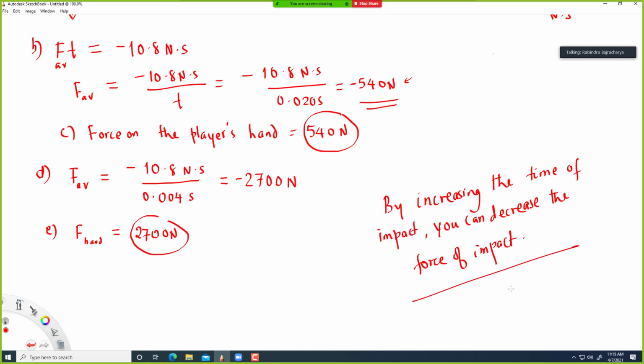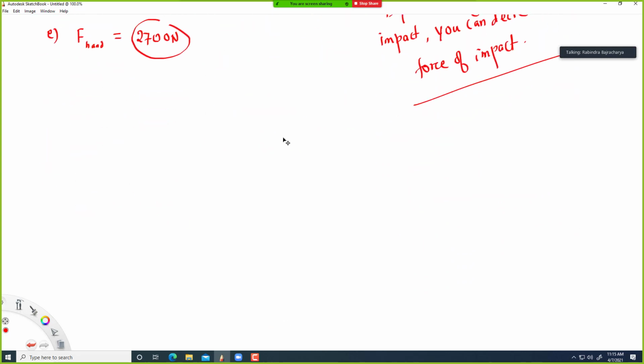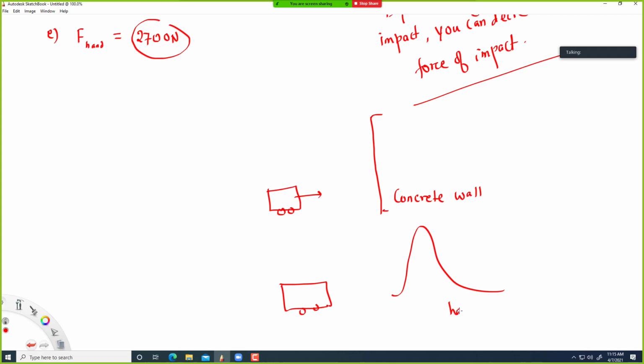So let me ask you this conceptual question. Let's say you're driving on a highway and your brakes fail. Which would you prefer? Would you prefer to hit a concrete wall or a haystack, and why?